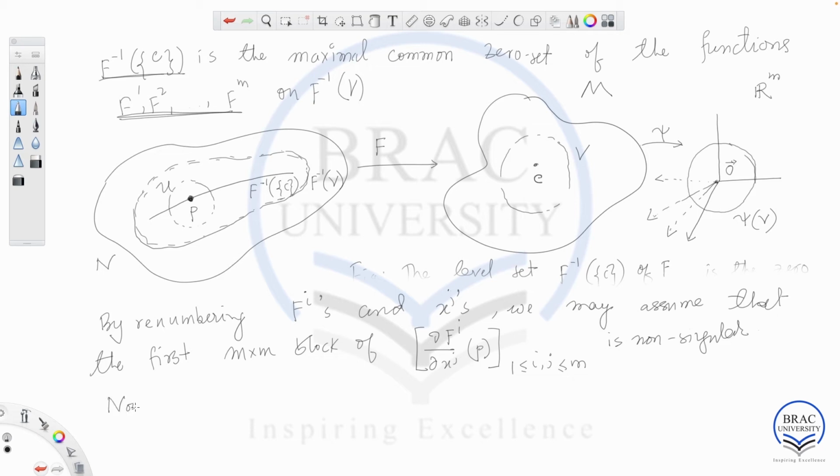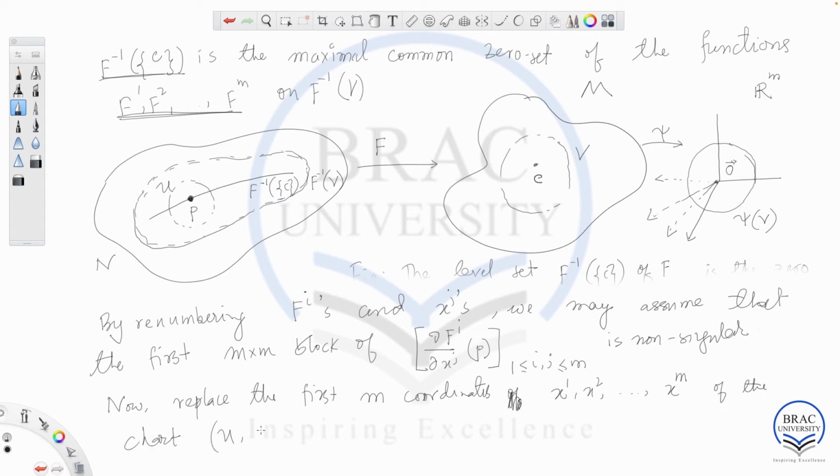Now, replace the first m coordinates x1, x2, all the way up to xm of the chart.